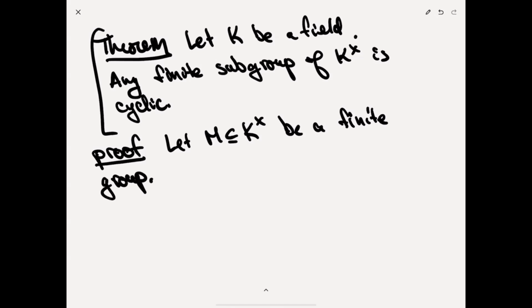Okay, so it's abelian. Since it's abelian, we get to use that theorem. M is abelian, and it's finite.